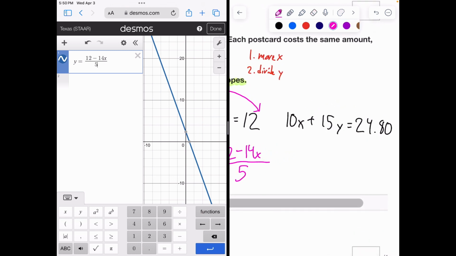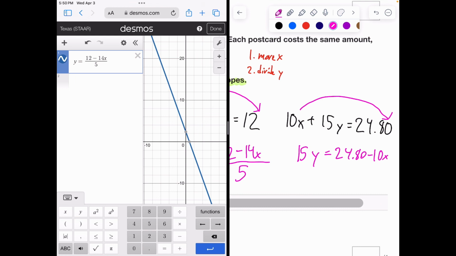Some of these questions may take you a minute, but these are the steps you're going to have to do. Again, we move the x over to the other side of the equal sign. This time we're moving it in the second equation, so 24.80 minus 10x. To get the y by itself, we need to divide that 15 away from the y.